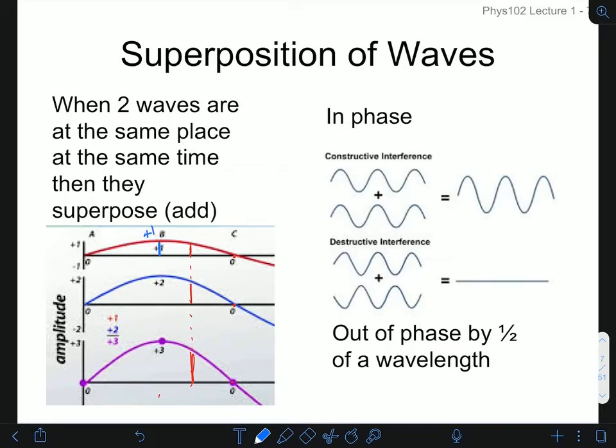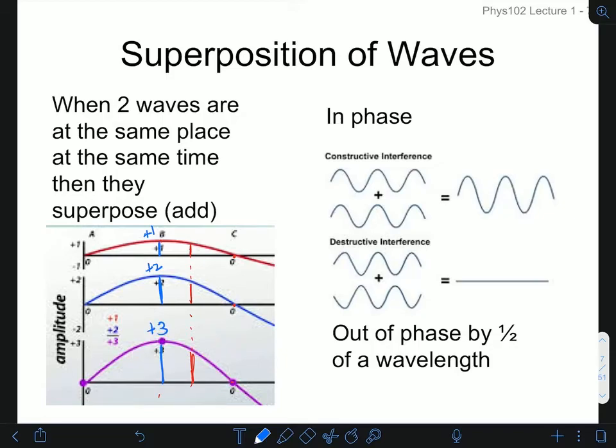Say here I have this wave up here, the red wave, and here the amplitude is +1. Over here the amplitude is +2 on this blue wave. If they're in the same place at the same time, then they would add together, 1 + 2, and this would have an amplitude of +3.